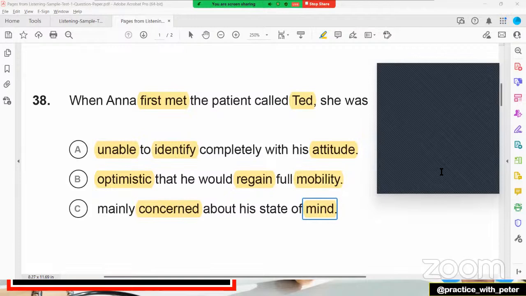Bothered, concerned, worried, thinking about, focusing on, troubled about, upset regarding. So all these are synonyms.